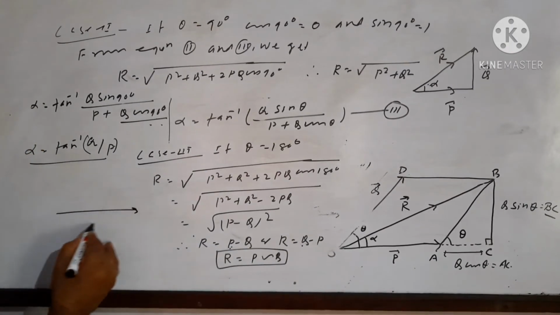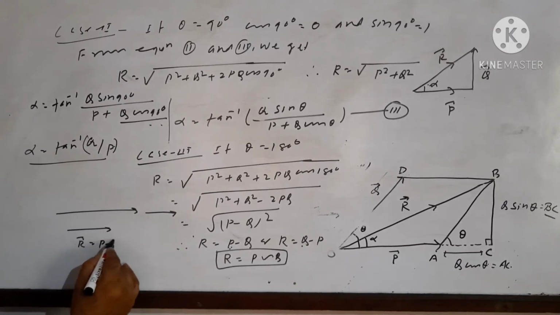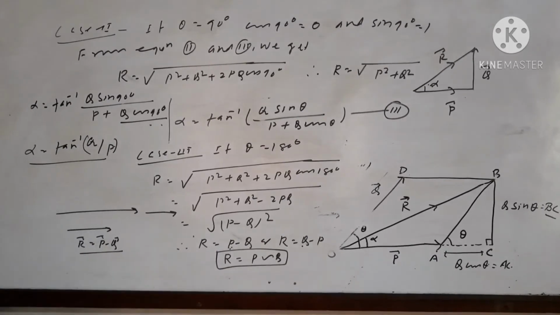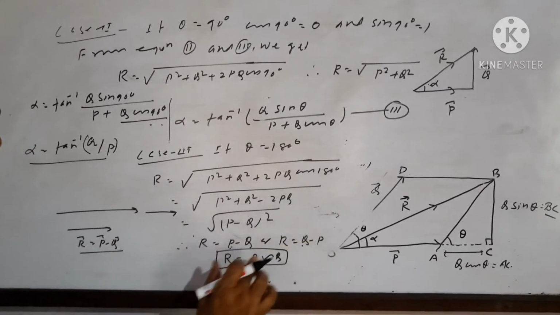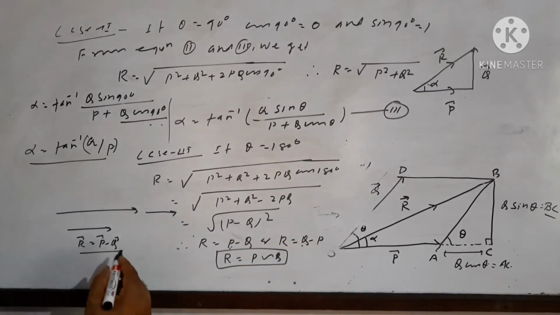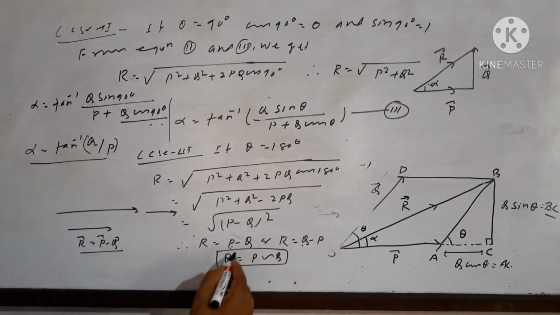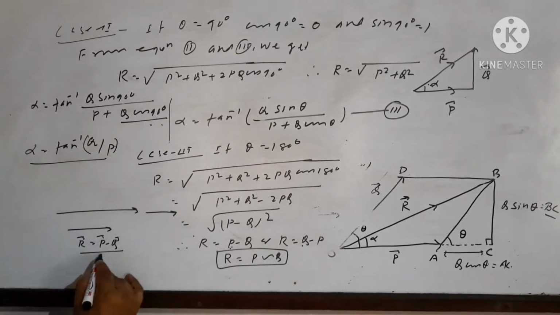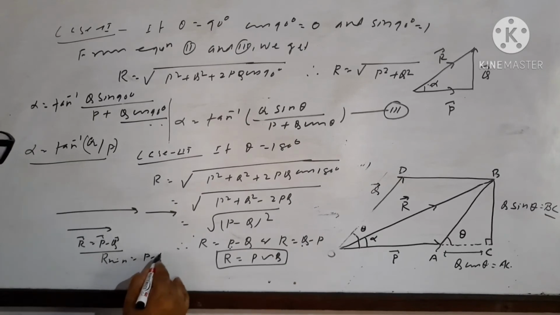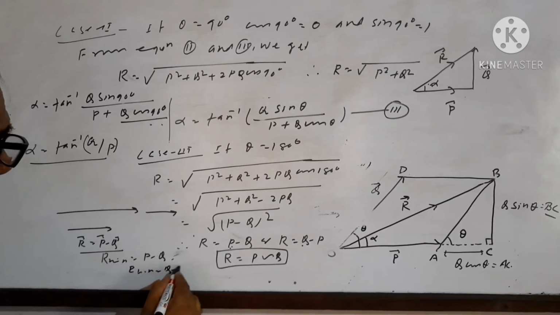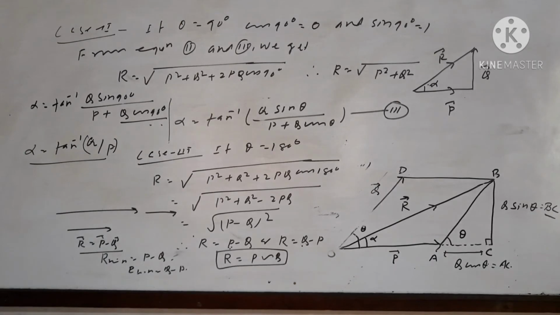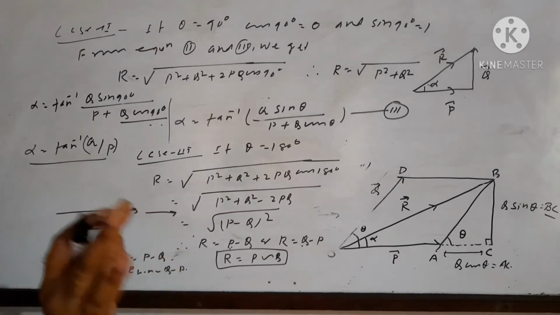So this is the P and this one is the vector Q. This is the R, and R equal to P minus Q. Similarly Q minus P is just the opposite direction of R. So this is the condition for the minimum. The resultant of the two vectors is minimum, R minimum equal to P minus Q or Q minus P, when the vectors are anti-parallel or acting in opposite directions.